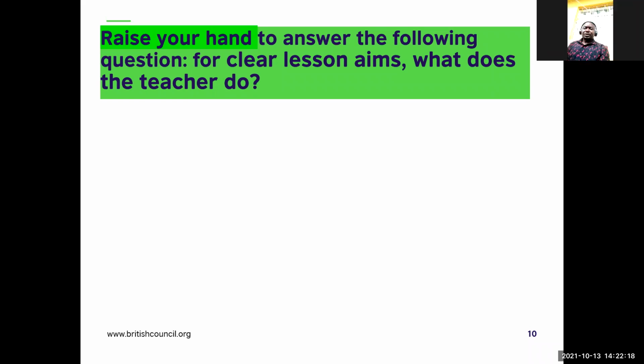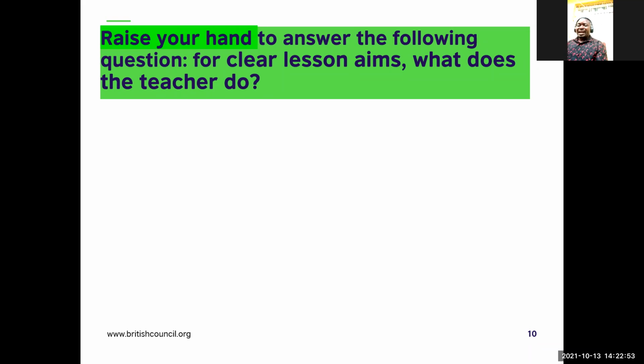Thank you too. Any other idea? Okay, good idea and great contribution. Thank you very much. All these put together, let's figure out that we are now in the classroom and we have to manage our lesson. So the ideas that you've just mentioned together with the previous one, you will make the aim of the lesson clear to your learners.